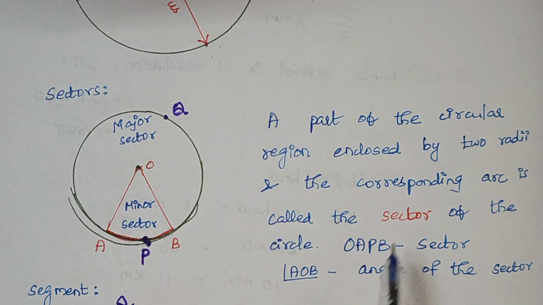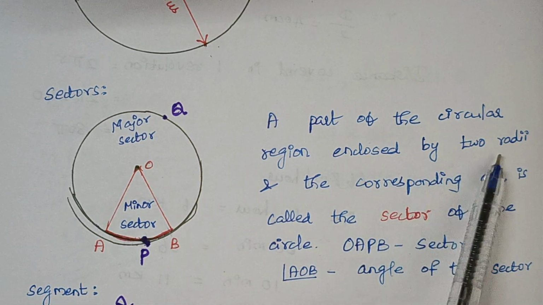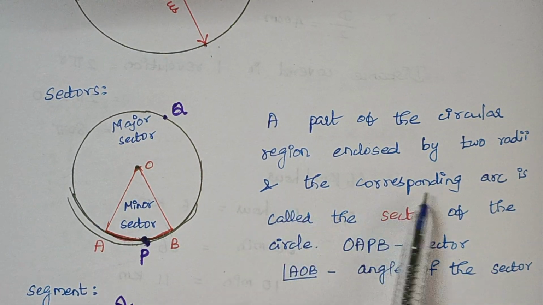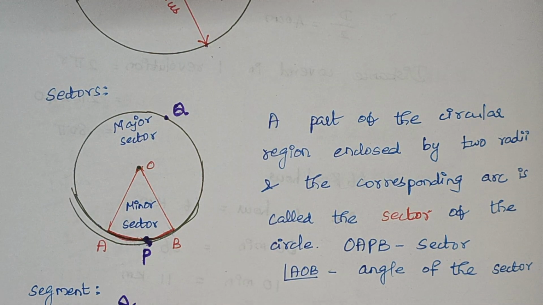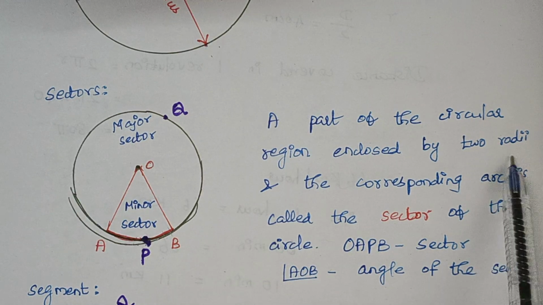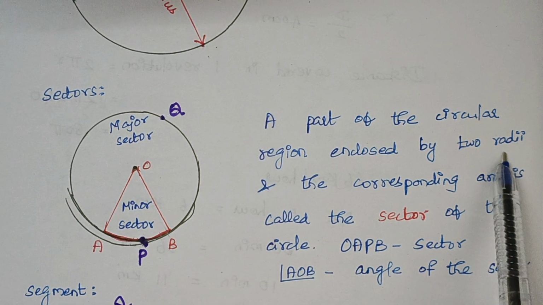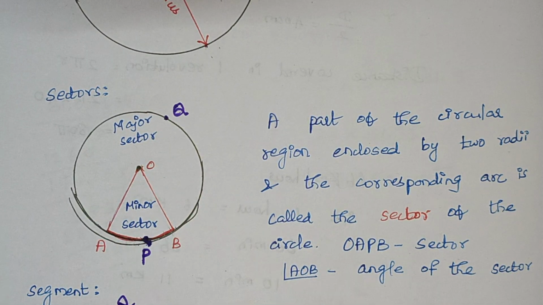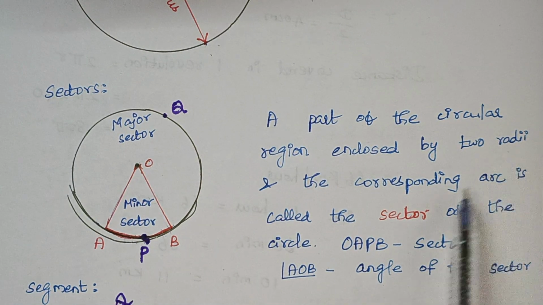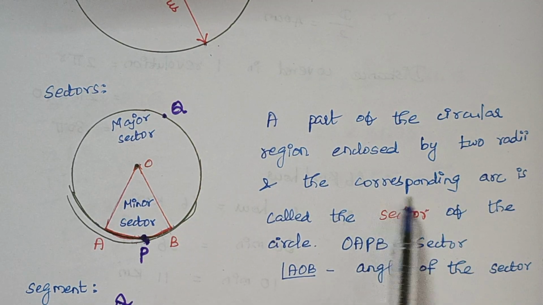So here these sectors are enclosed by 2 radii and the corresponding arc. In this case, you see we are having 2 radius. So they are mentioning it as 2 radii, okay? Radii in plural. So here this is 1 radius and this is 1 radius, right? And corresponding arc. What do you mean by corresponding arc?